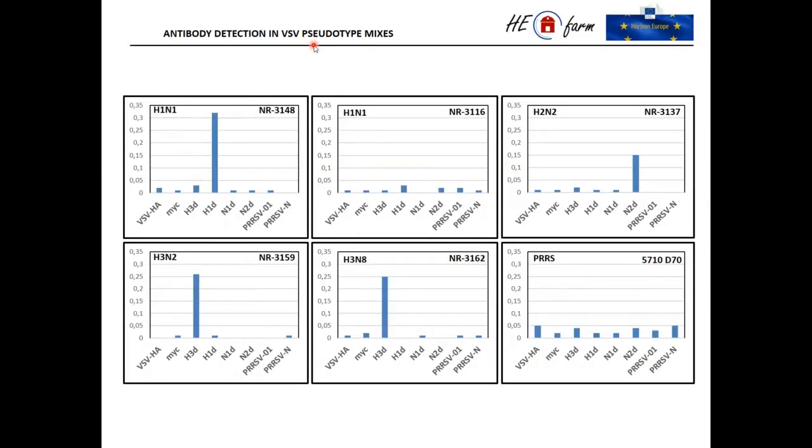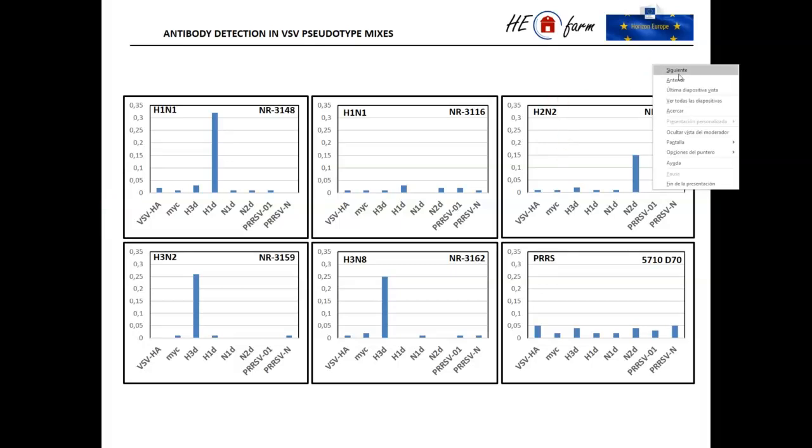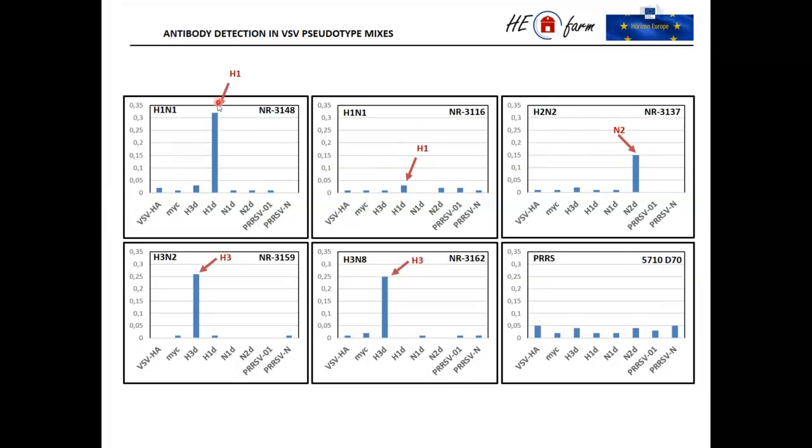Just to give you a flavor of the results we got, you see here the mixture with several of these antigens, the H1, H3, N1 and N2, and antigens from the porcine respiratory and reproductive syndrome virus, and you see that some sera are clearly positive to some of them. This is tested in a mixture, so the relative activity is very clear.